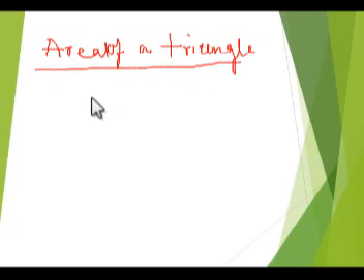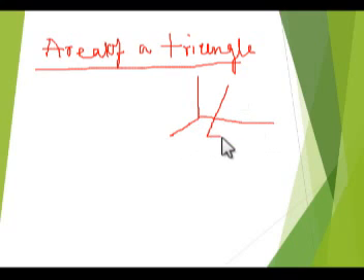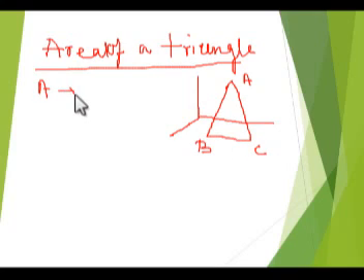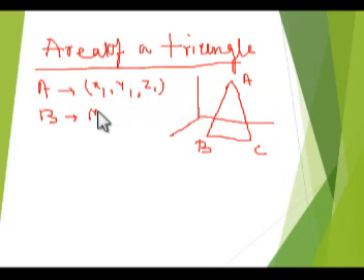So we will take 3 points A, B, C. If there are the coordinate planes and we are taking a triangle ABC, the coordinates of A are x1, y1, z1. The coordinates of B are x2, y2, and z2.